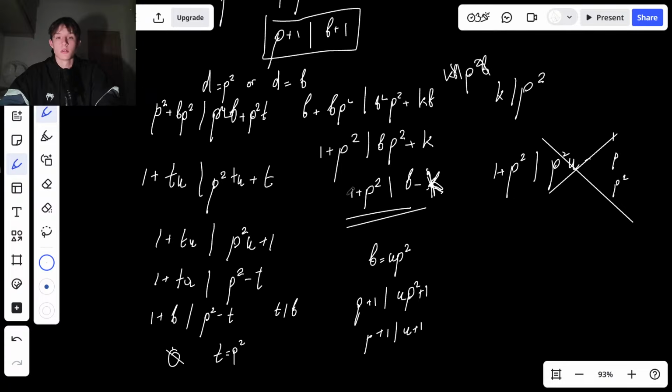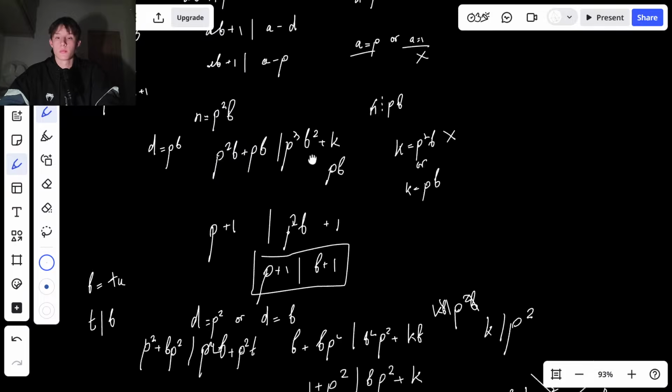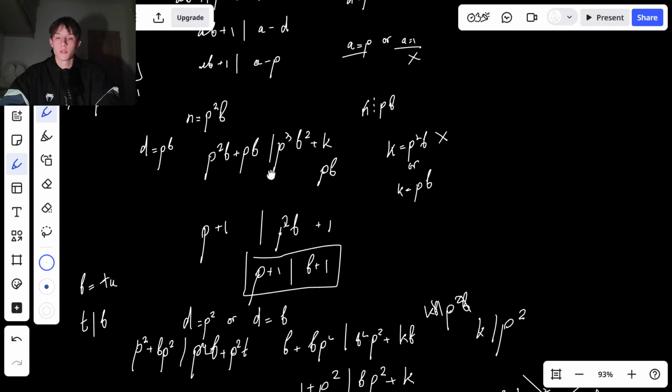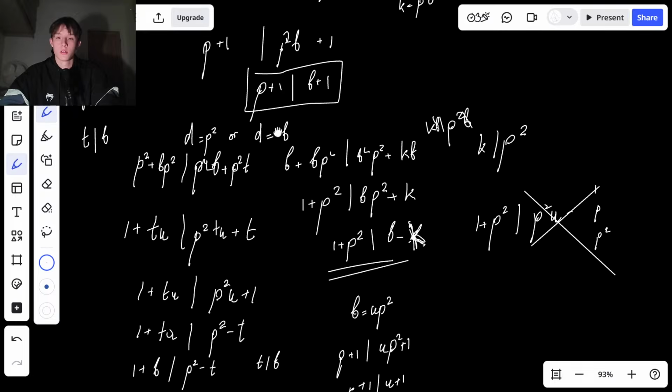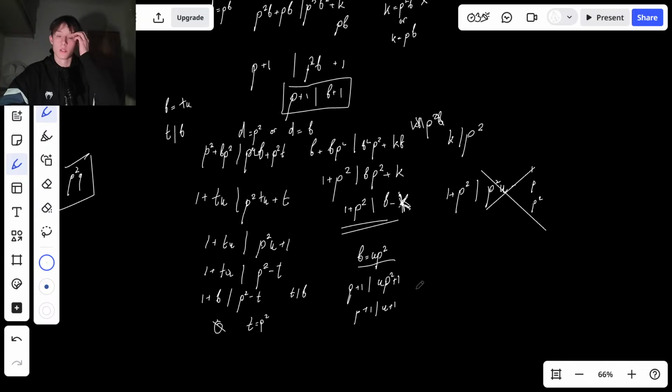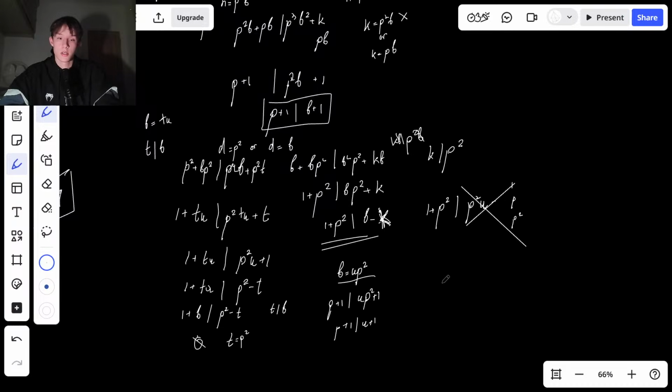But yeah, it does go like a dropper, so we went from p plus 1 divides n plus 1 to p plus 1 divides b plus 1 to b plus 1 divides u plus 1. And we always can induct on that. Essentially, we went n equals p squared b.